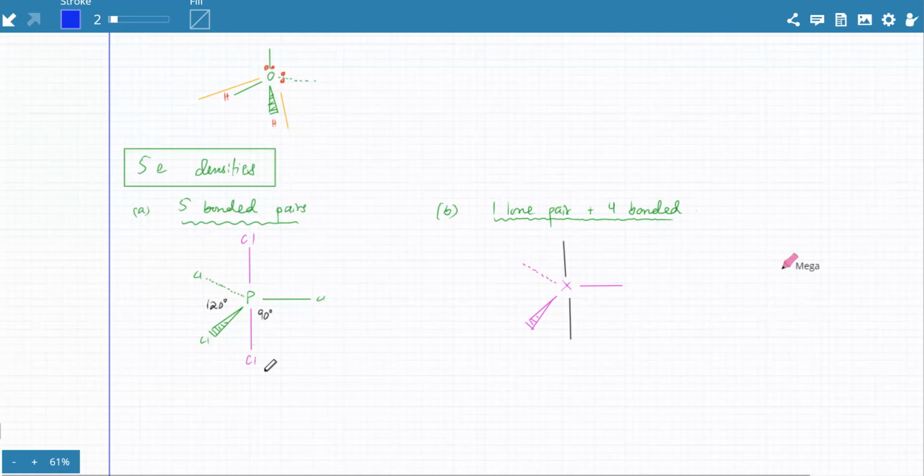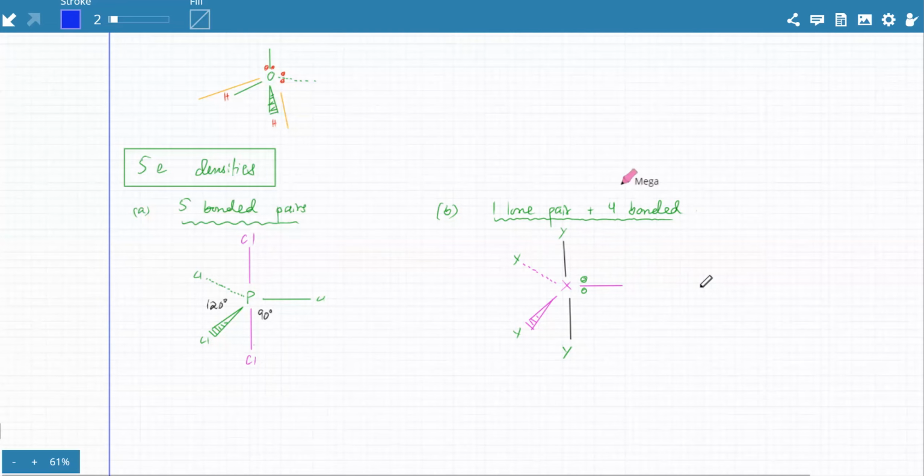So there's going to be one lone pair on one side, and on the other sides, there would be four bonds with four different atoms, right? Yeah. So it's basically the same shape with one side missing, because the orbital is full, so there's no atom attached to it.